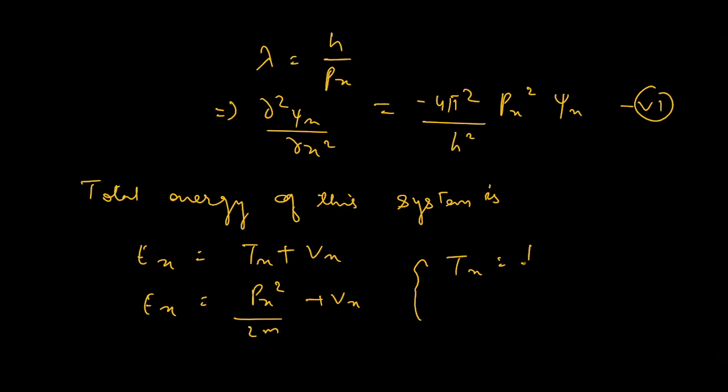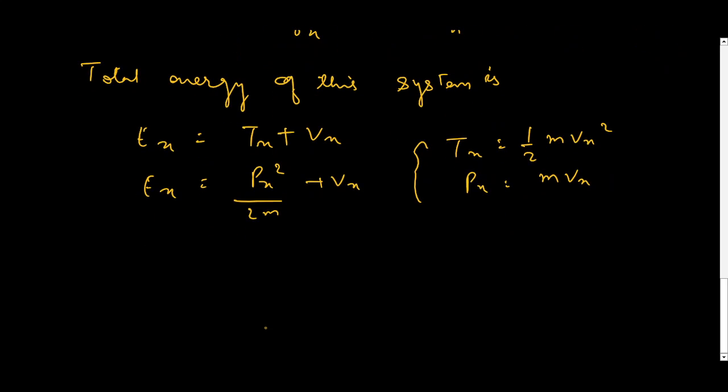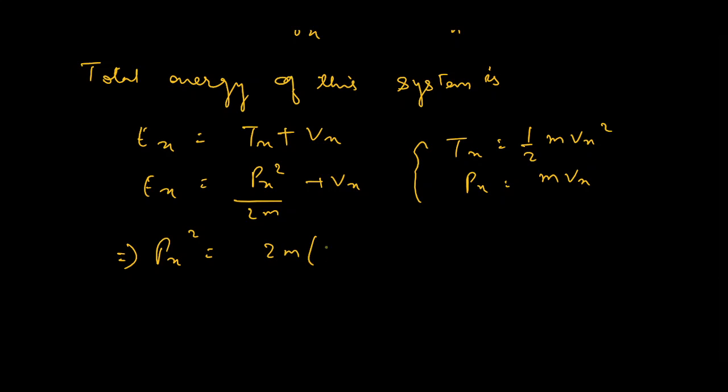Tx is equal to half m Vx square and Px is equal to m Vx. So solving these two, we get Tx is equal to Px square upon 2m. Now we can write this Px square is equal to 2m into Ex minus Vx.